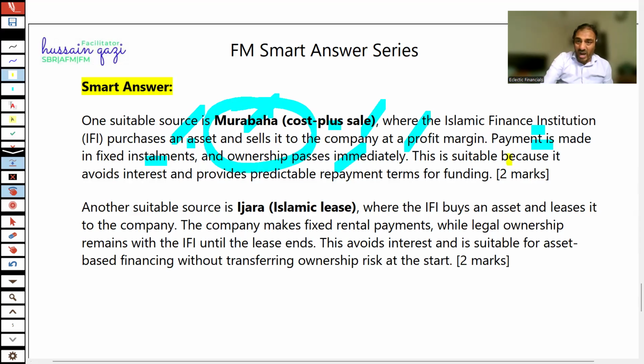But the point is, why is it suitable? This is suitable because it avoids interest and provides predictable payment terms. Same case, you have to mention for Ijara. Explain the Ijara and then explain why it's suitable. That is how you need to draft your answer accordingly.